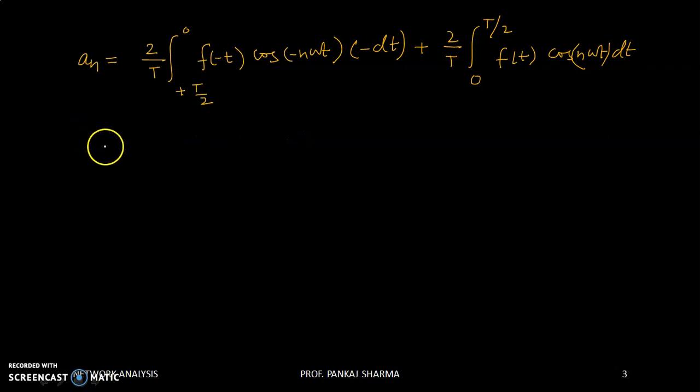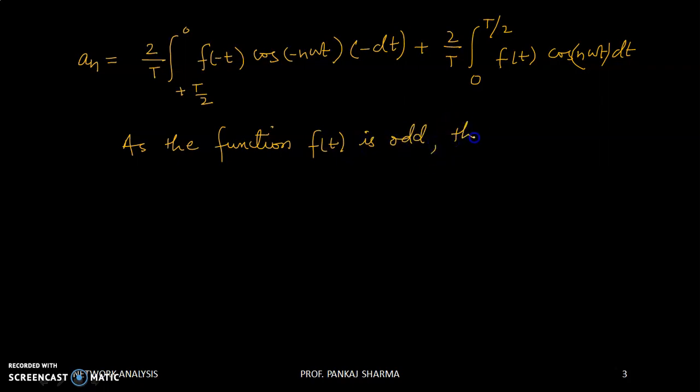As the function f of t is odd, we know that f of minus t will be equal to minus of f of t.